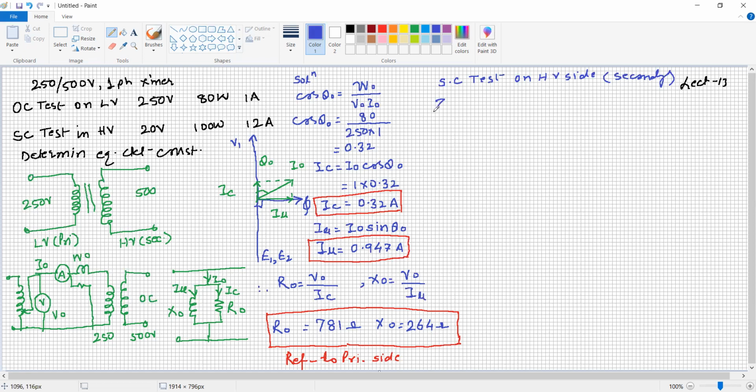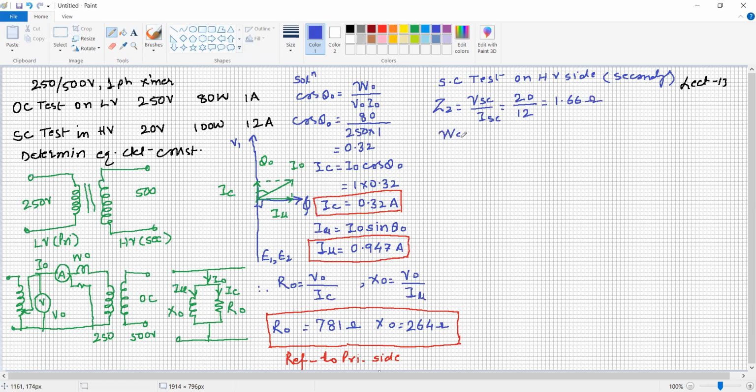So Z2 is equal to VSC upon ISC. Sorry, voltage is 20. 20 divided by 12 equals 1.66 ohm. Okay.